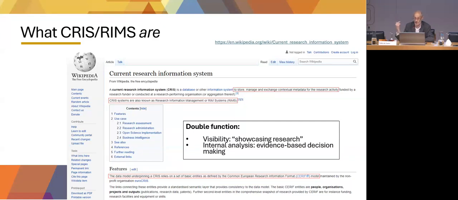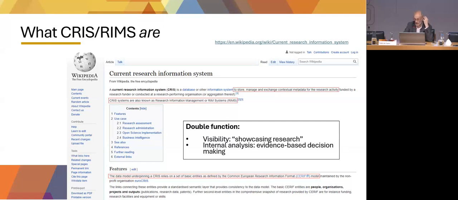It's about showcasing, showing to the outside world what research is being done, by whom, funded by what projects, resulting in what outputs, publications, data sets, PhD students, you name it, anything, instruments and facilities used to provide support to that research, to collect the data sets that underpin the publications. So all these different entities can be and should be made openly available.